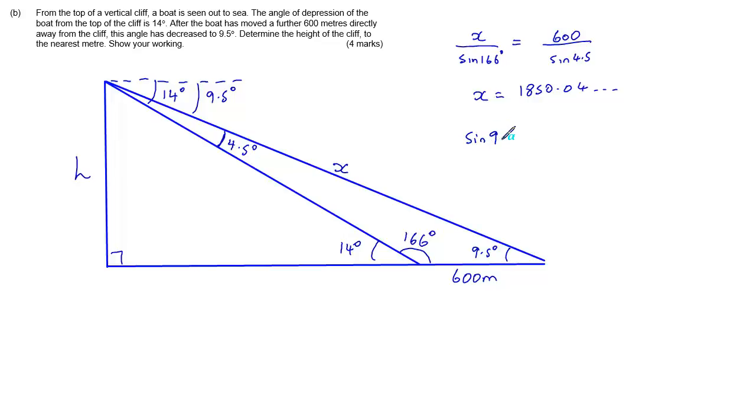Now we want h here, so sine of 9.5 degrees is going to be the opposite, which is h, divided by the hypotenuse, which is x. So h is going to be x times sine 9.5 degrees.